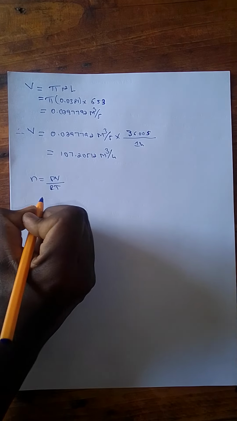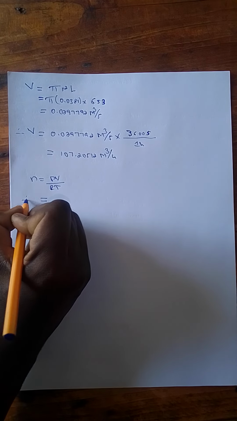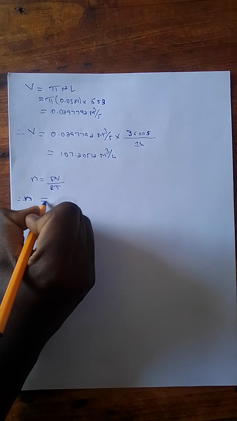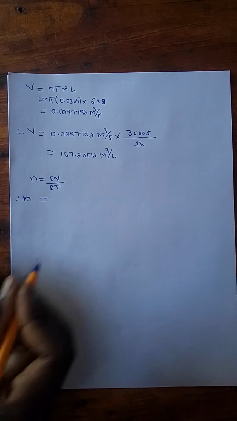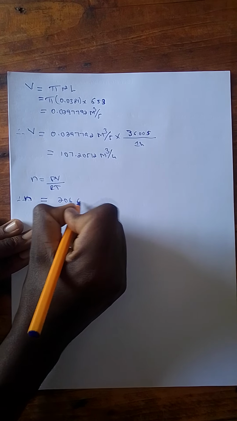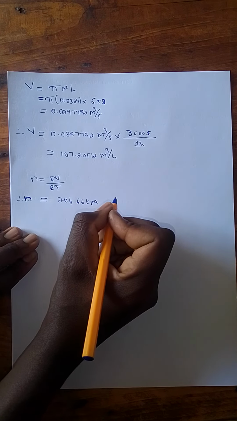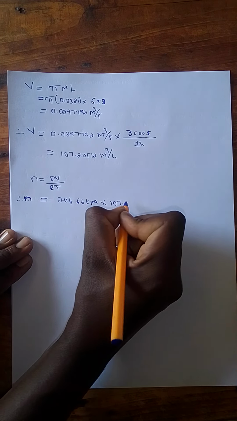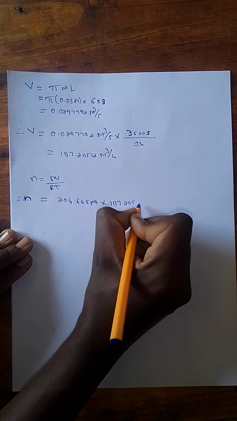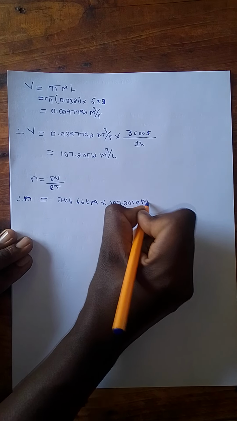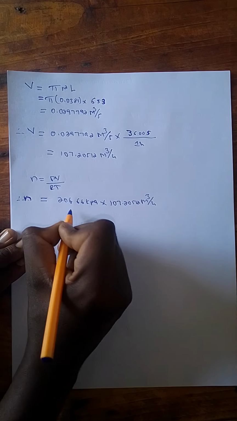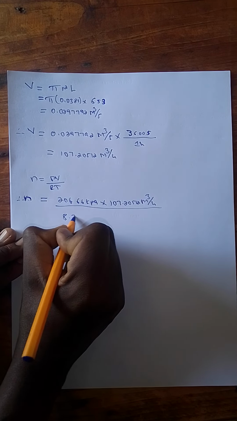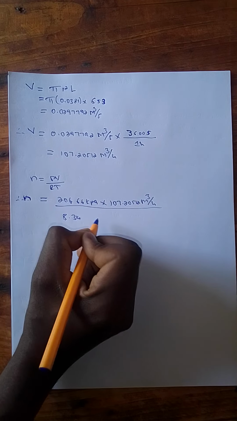So now with that said, let me say therefore N is equal to, our pressure we calculated to be 206.66 kilopascals, right, multiplied by our volume, 107.20512 meters cubed per hour, all over our R, which is 8.314, right?